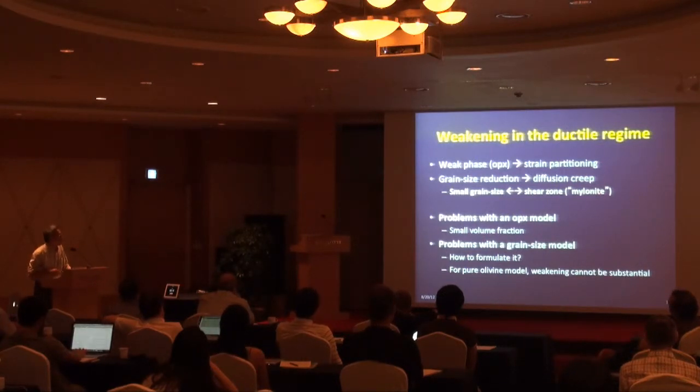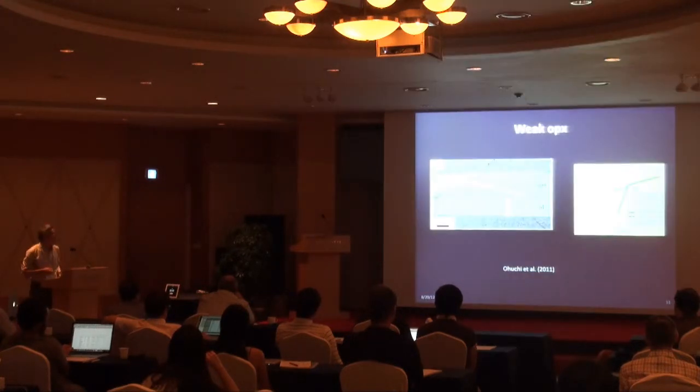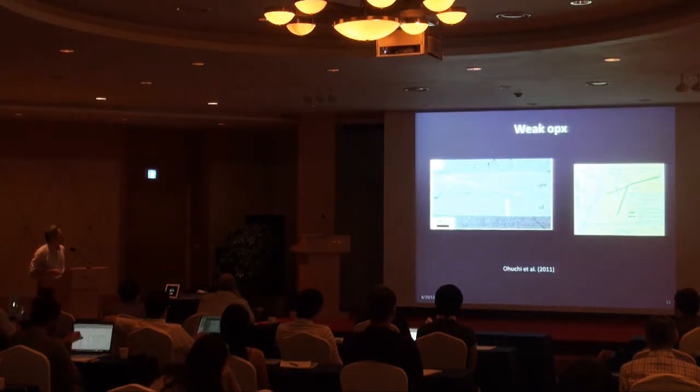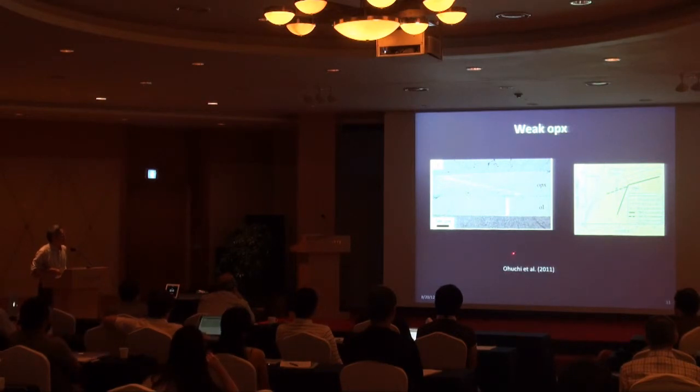Okay, so what we did was to understand a possibility of those two processes. One is the role of OPX and grain size reduction. We conducted laboratory experiments on the deformation of olivine plus OPX mixture to see how OPX may modify the manner of deformation. Okay, and so those are our results published last year to show OPX with certain orientation is much weaker than olivine.